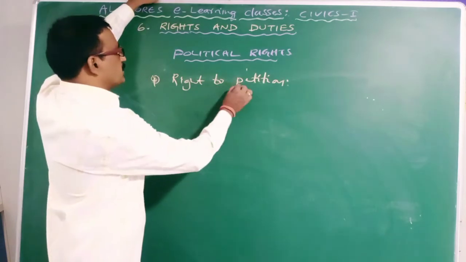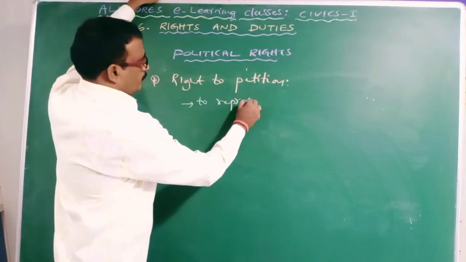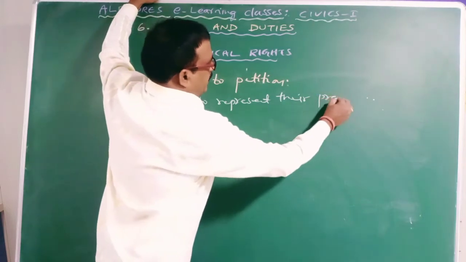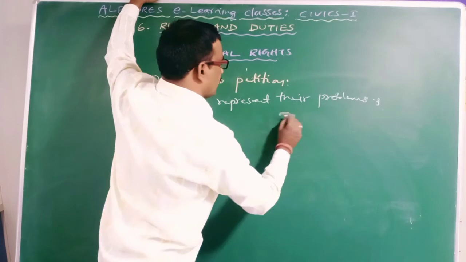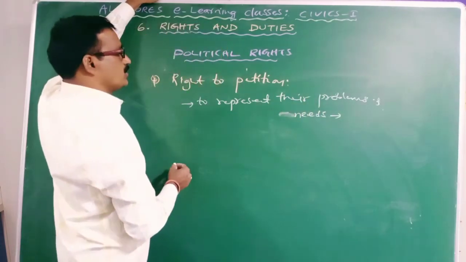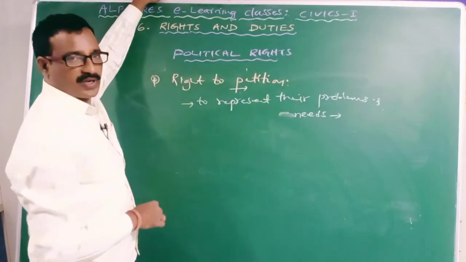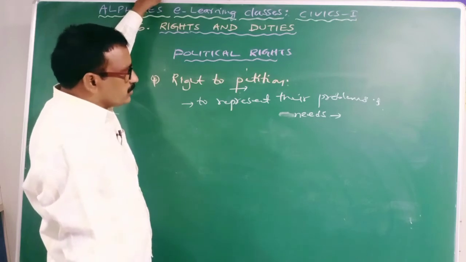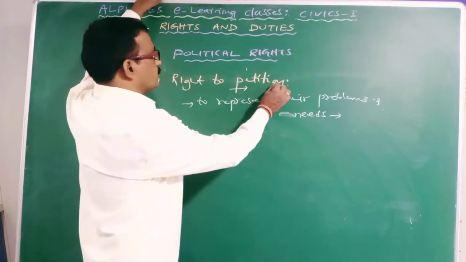Clear? Their grievances, meaning problems, and their needs or requirements are presented to the government through this right. It must be in written form, as we must represent our problems and needs to the government in written form only. That is called the right to petition.